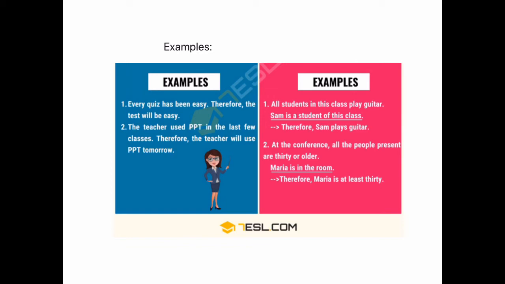Now, a good question here is, how many counterexamples do you need in order to prove a statement false? And the answer to that is just one. If you have just one counterexample that can prove the statement false, the statement is inherently false. And that's how you use counterexamples.